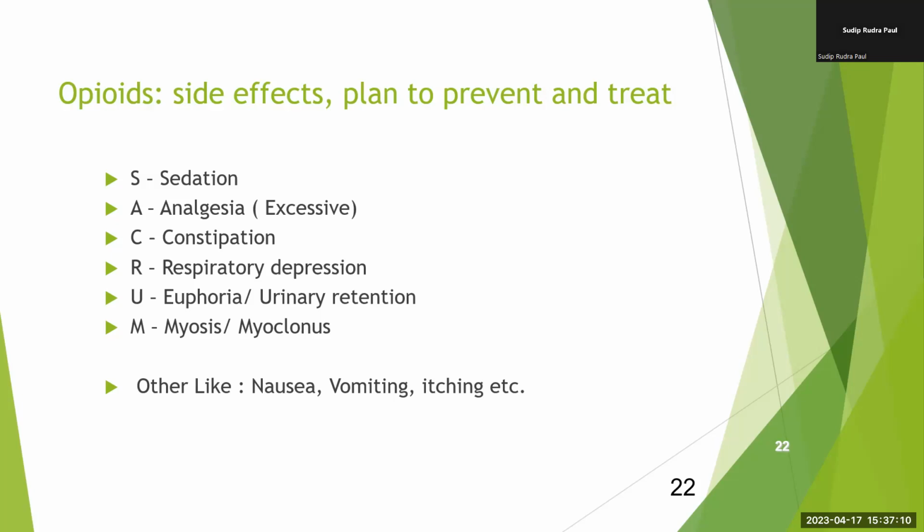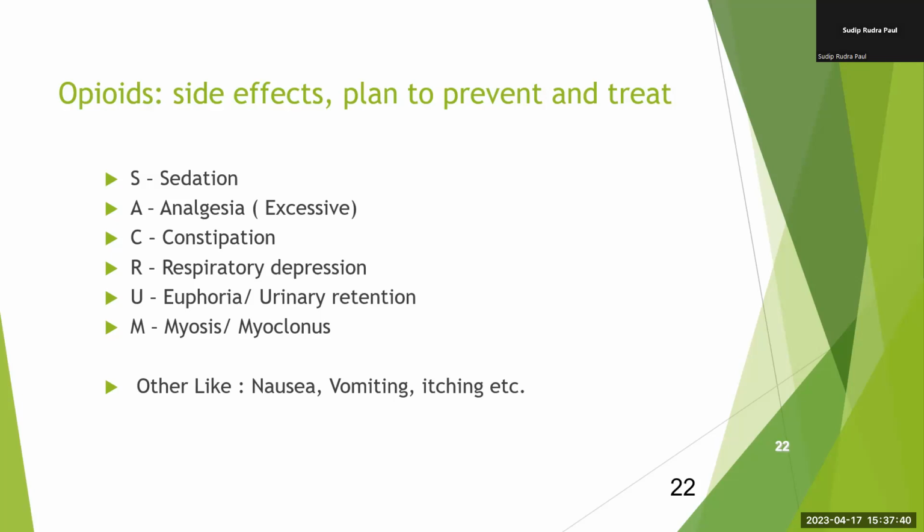C is constipation, as I have already explained. R is respiratory depression. Different books have written the definition of respiratory depression differently, but in the palliative care setup, we believe that a respiratory rate below 10 breaths per minute is considered respiratory depression.